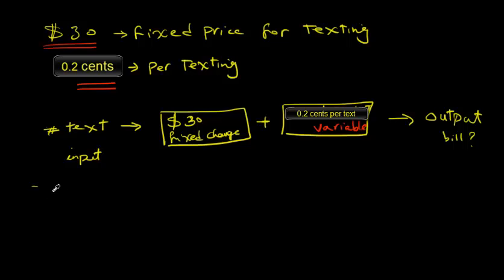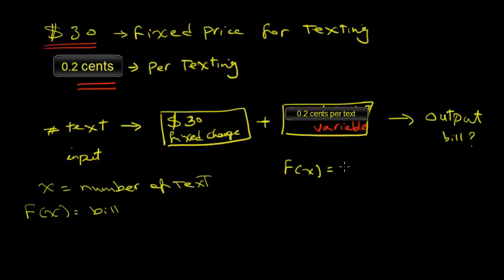So you have x number of texts you send, and you have f of x, which is your monthly bill, right? So let's write the function. It will be f of x equals $30 plus 0.2 cent times x.